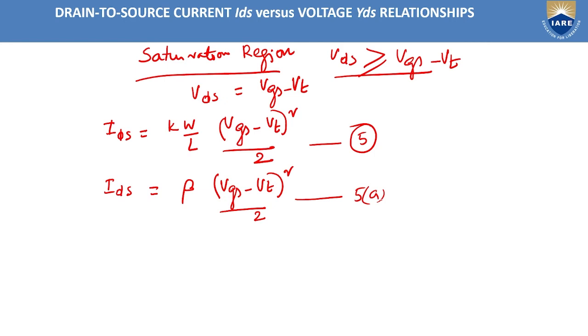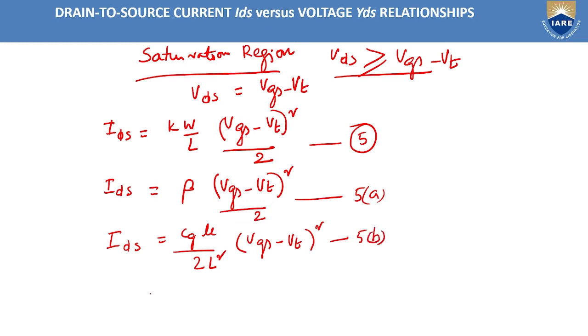Now using gate capacitance, the equation becomes IDS is equal to CG mu by 2L square into VGS minus VT whole square. So this is 5B.